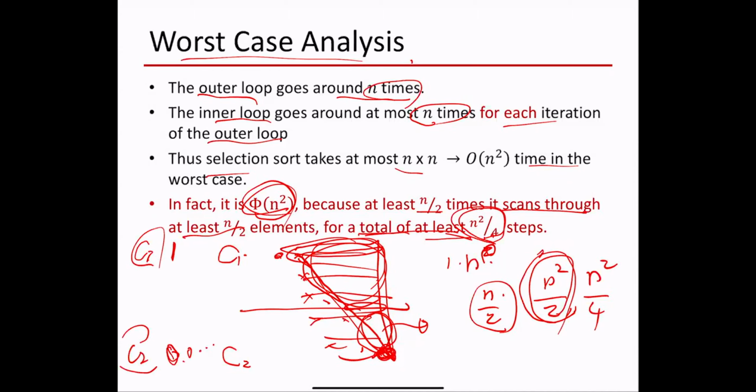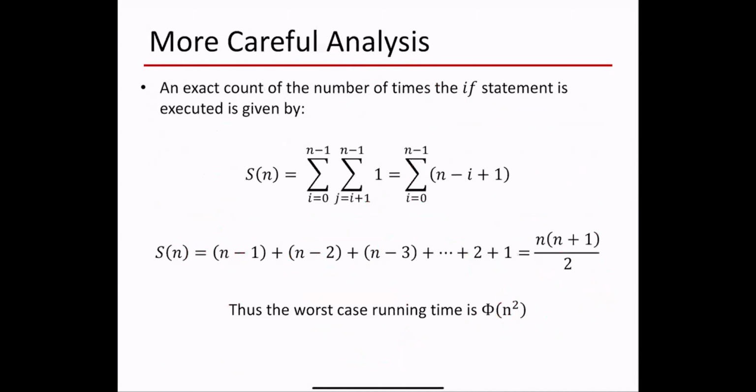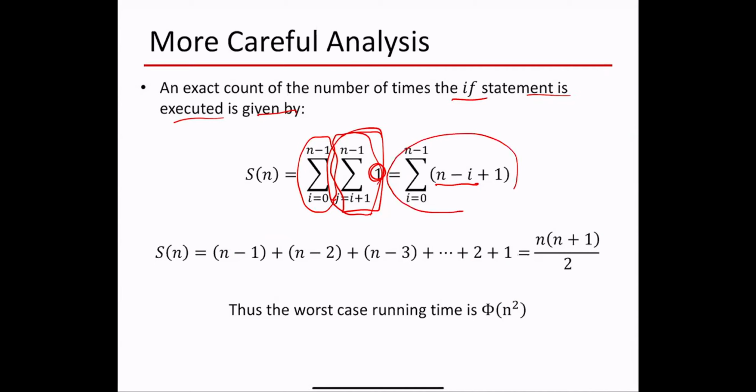Okay. So more careful analysis. An exact count of the number of times the if statements are executed by this one. Outer loop, inner loop. Your computation is 1 time. So you can simplify this portion to n minus i. Then you can, as a series, sum this from 0 to n minus 1.